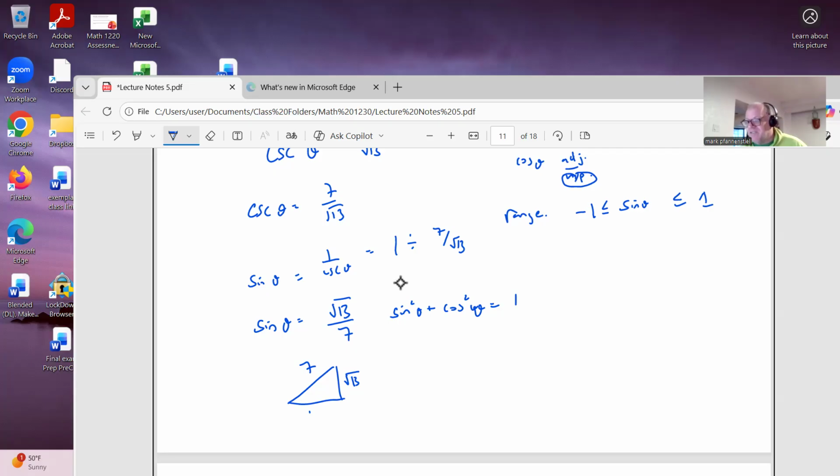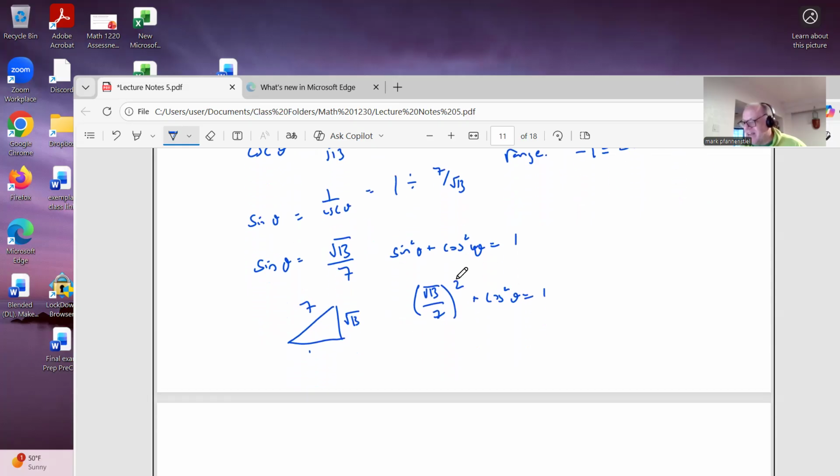So we've got our sine squared plus cosine squared is equal to 1. We're going to say square root of 13 over 7 squared plus cosine squared is equal to 1. We're going to say that's going to be 13, 7 times 7 is 49, plus cosine squared is equal to 1. So cosine squared is equal to 1 minus 13 over 49.